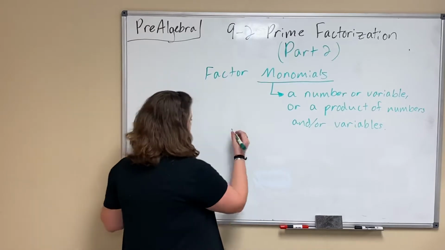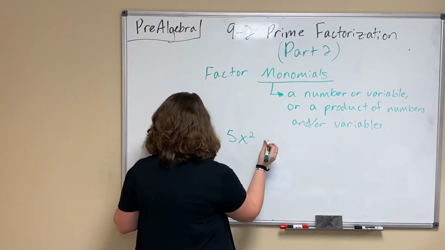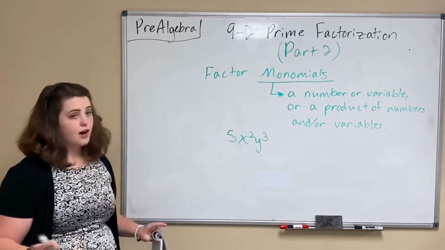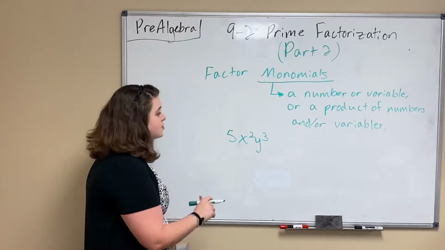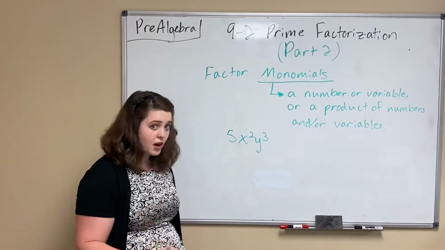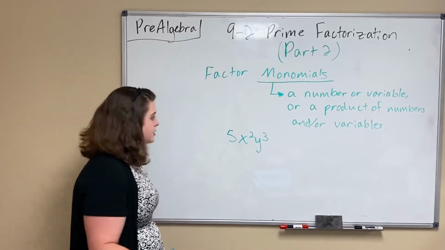So let's look at something like 5x squared y to the third. That's a lot, but it's still just products of variables and numbers. So it's still a monomial, and we're going to pull it out into its pieces.